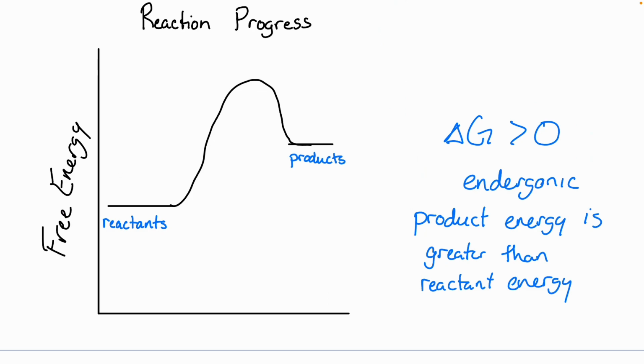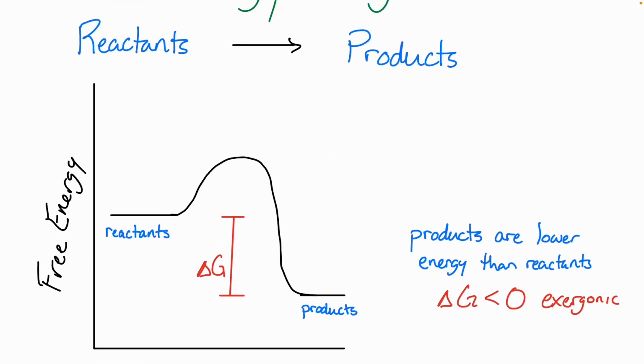All right, so we got this little hump in the middle here. All reactions have to go through this sort of peak in energy. This point right here, the peak on this graph, is what we call the transition state. It's the highest energy point in a reaction. And remember, reactions are all about making and breaking bonds.